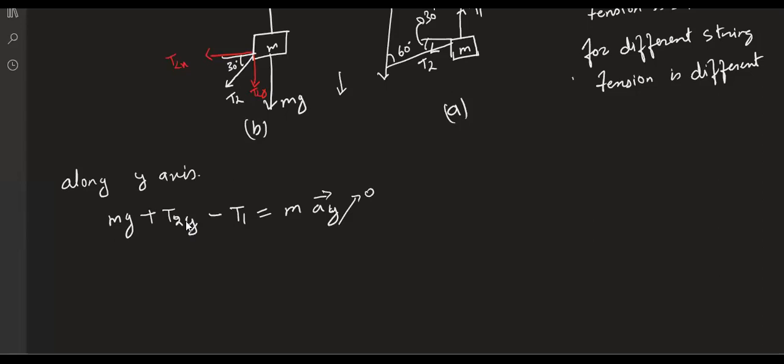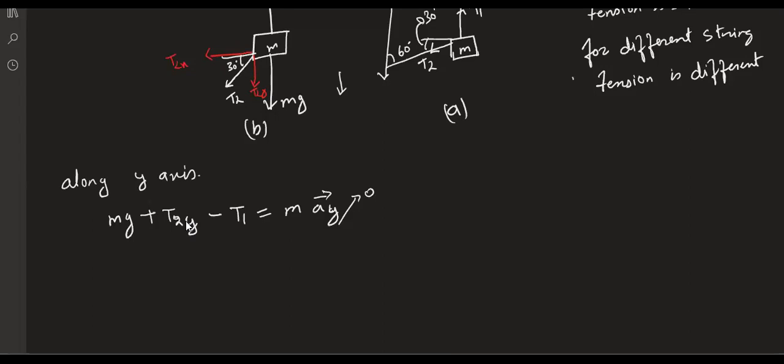What you didn't get, Shakib? Tell me, how many forces do we have along the y-axis? We have 3 forces. 2 forces in one direction and 1 force in the opposite direction. Yes or no?